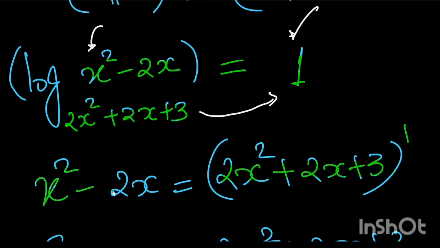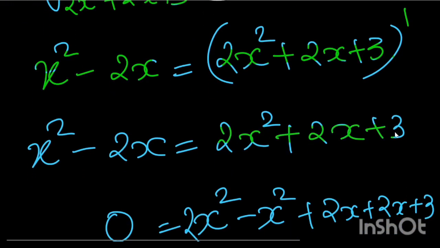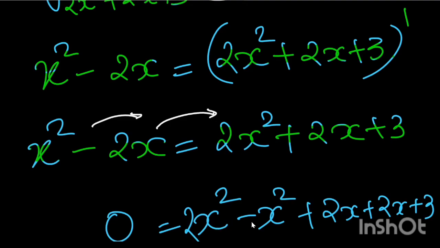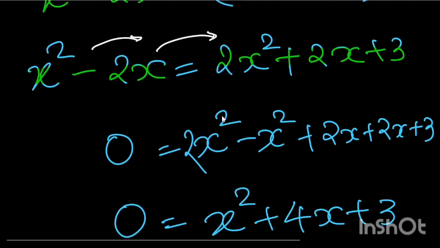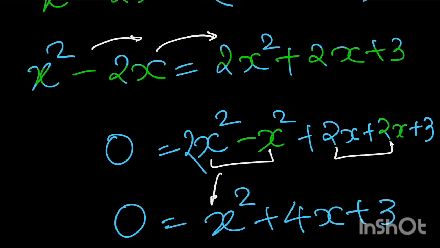The left hand side will be free of log, it becomes x square plus 2x to the power 1, which is just the same, and the right hand side is as it is. So x square we will take on the right hand side, 2x also we will take on the right hand side. It becomes minus x square, and minus 2x becomes plus 2x. If we solve this, x square plus 2x plus 2x becomes 4x plus 3 as it is.